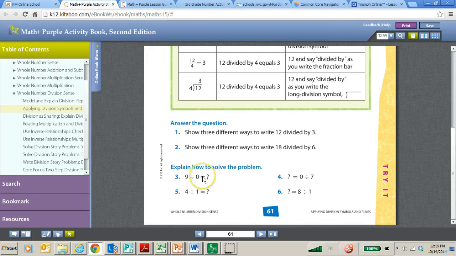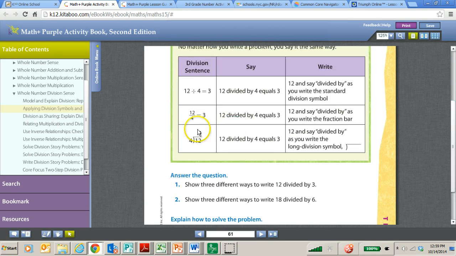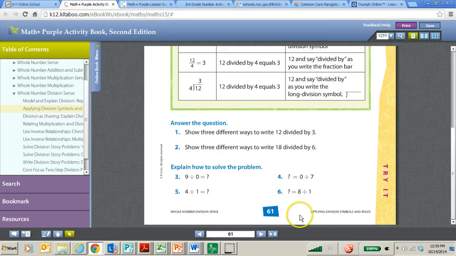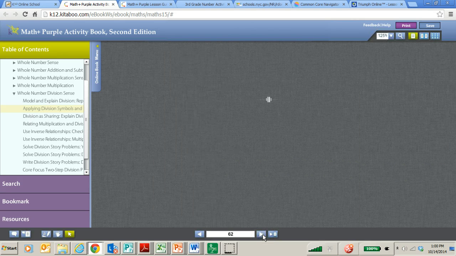So you cannot divide by 0. And that's the same if you think back to these different models up at the top. You would never have a 0 here as the divisor. You would never have a 0 as the denominator in a fraction. Those types of things are not possible. So it's great to kind of talk about that with your child.